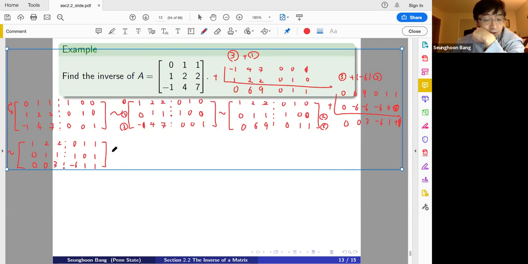The next, the third row times 1/3. So what happens? So we have this one.